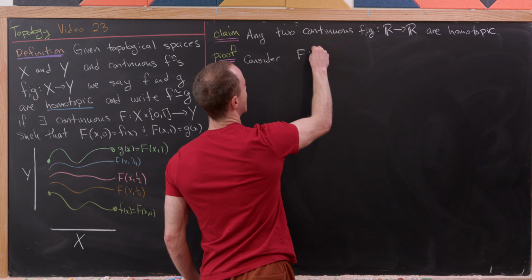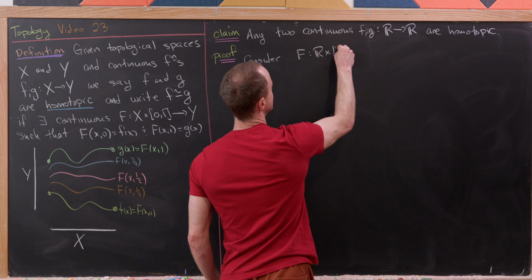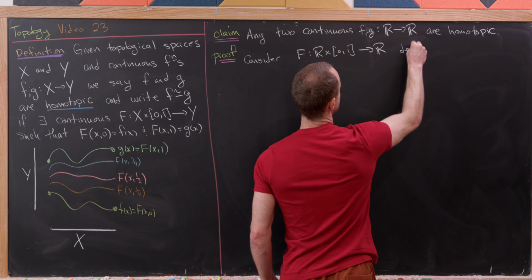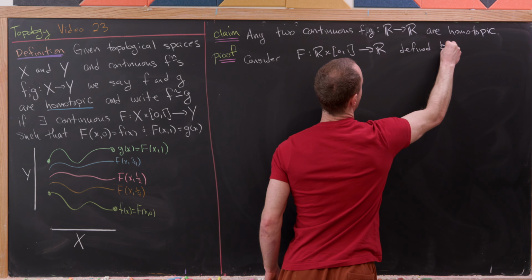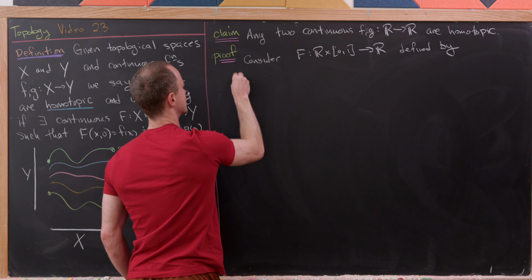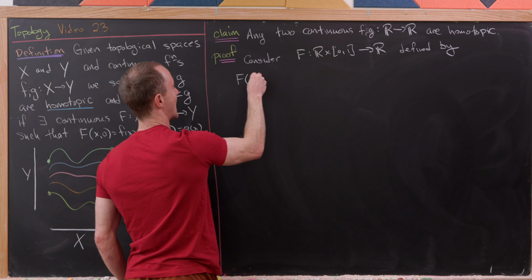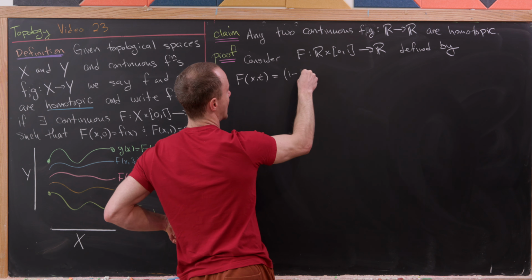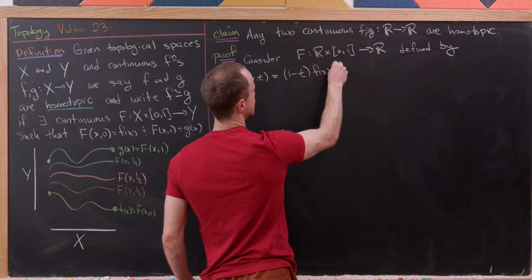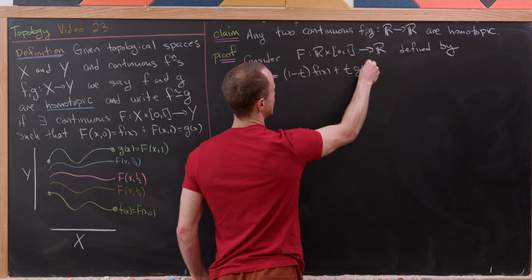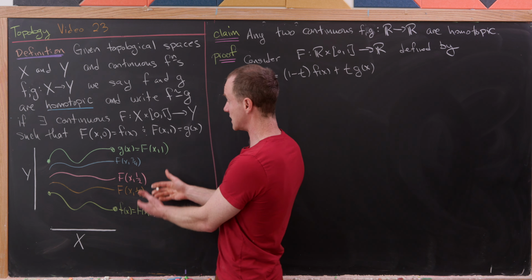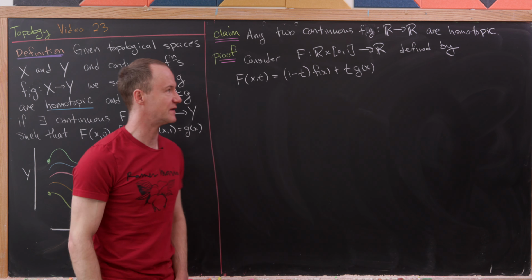It's got to go from R cross the unit interval into R, and it's defined by F of x comma t equals 1 minus t times f of x plus t times g of x. That continuously interpolates between these two curves.